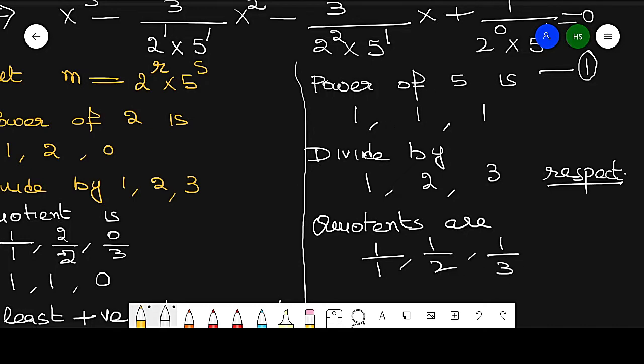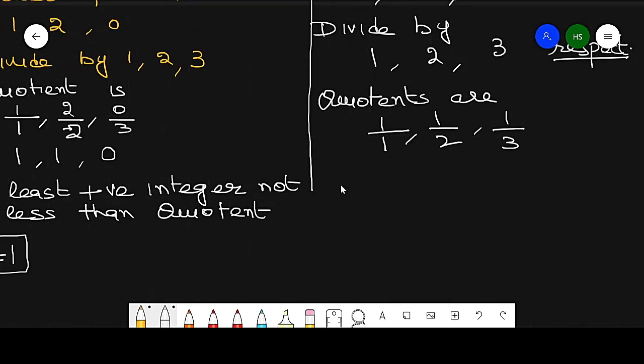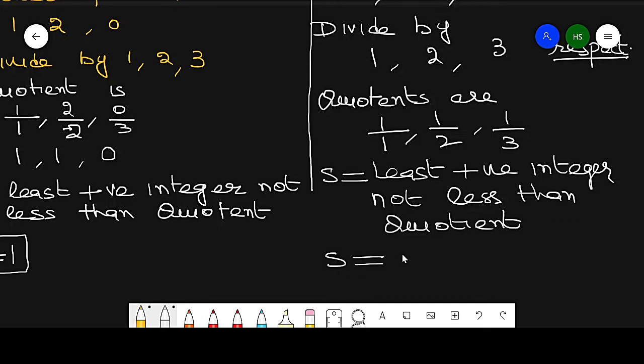So what is s? s is the least positive integer not less than the quotients. So this is again equal to 1. So s is equal to 1.